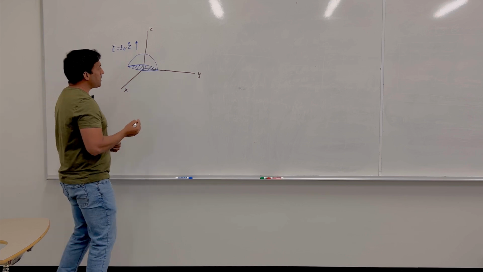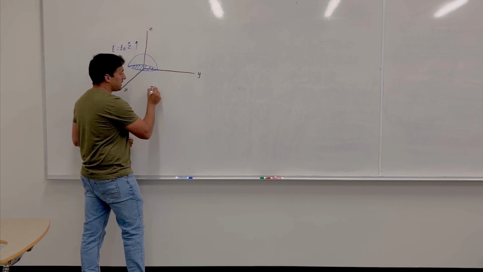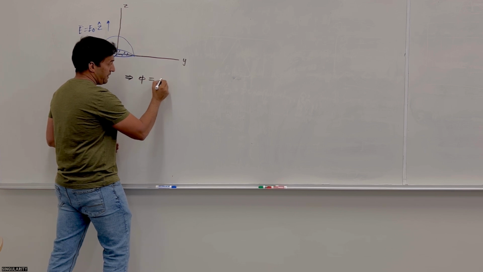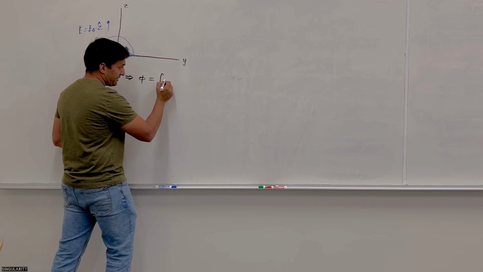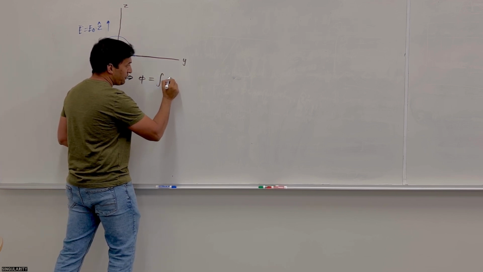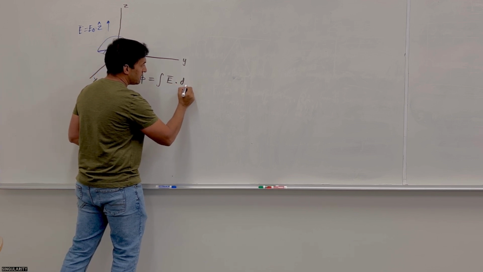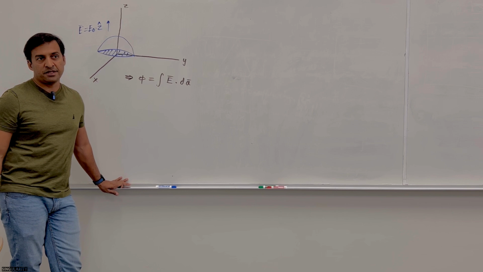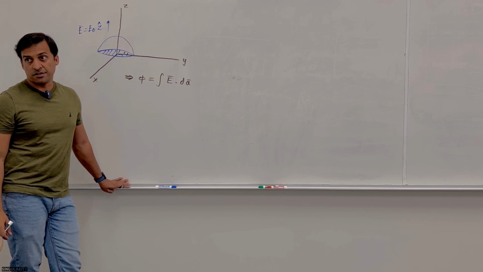Why am I talking about area? That's because if I have an electric field and I want to calculate flux, then the formula is electric field dotted with dA. dA is a small infinitesimal area element of the surface under consideration.